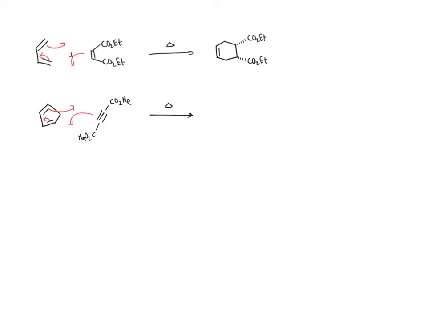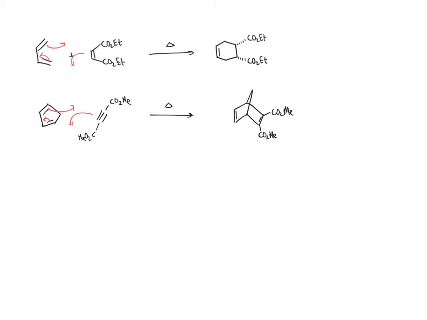And so that's going to yield now a bicyclic structure where your formerly 5-membered ring is here, and your triple bond is here. And so we have on that triple bond 2 methyl esters. What was formerly the triple bond is now the double bond.